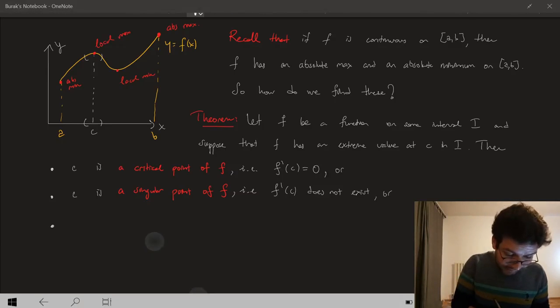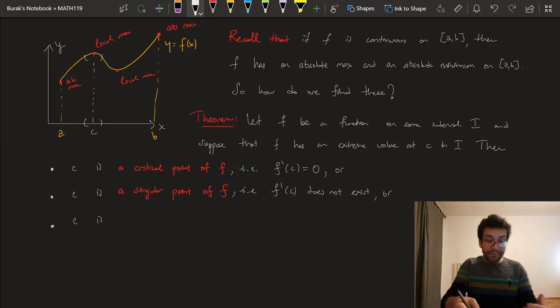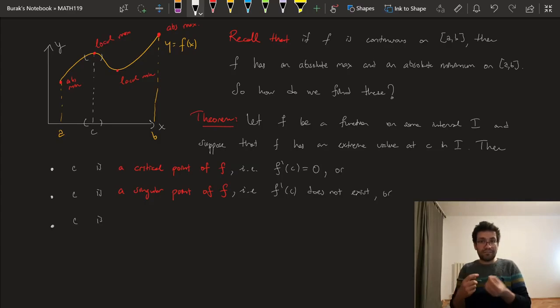And the third case is C may be an endpoint. Like in the first two cases, I'm checking whether the derivative exists or not, and if it exists, I'm checking whether it's 0 or not. But it is possible that I cannot check the derivative at all, because in order for the derivative to be defined at a point, that point has to be in the interior of the domain.